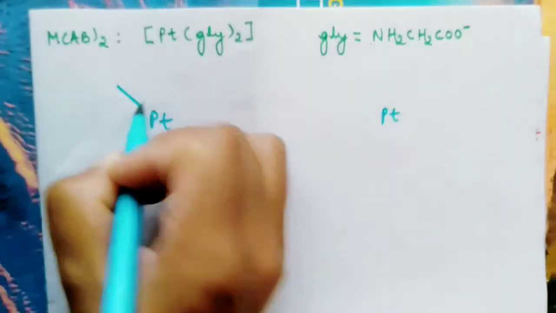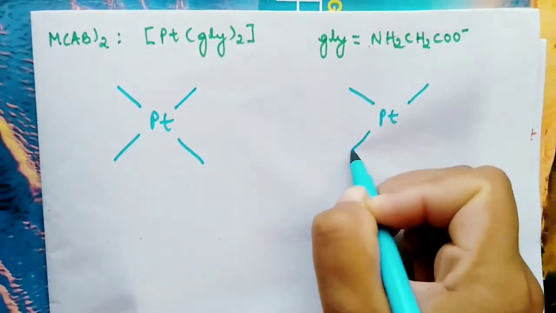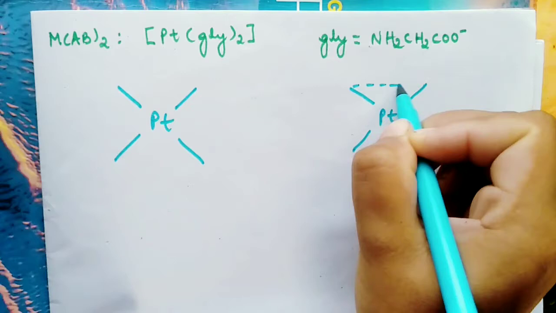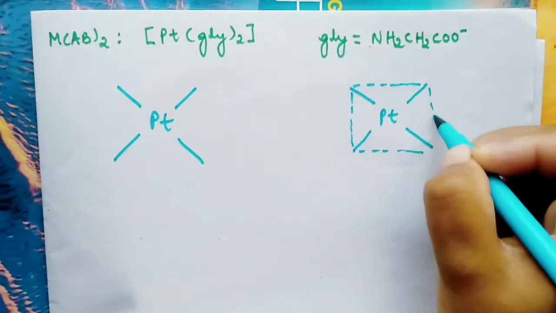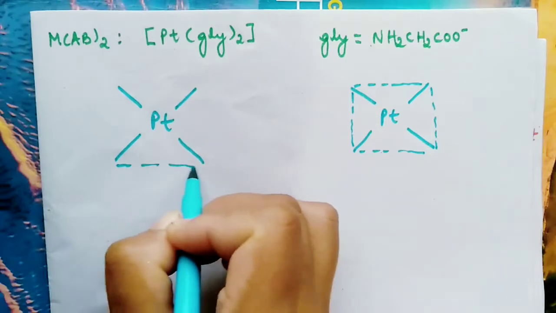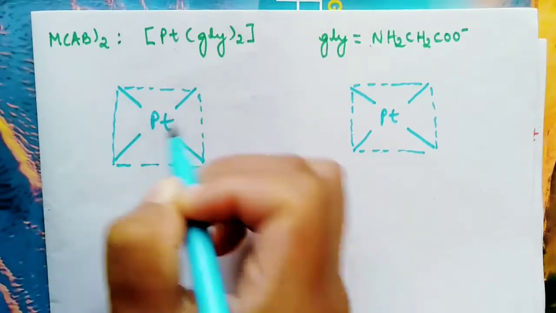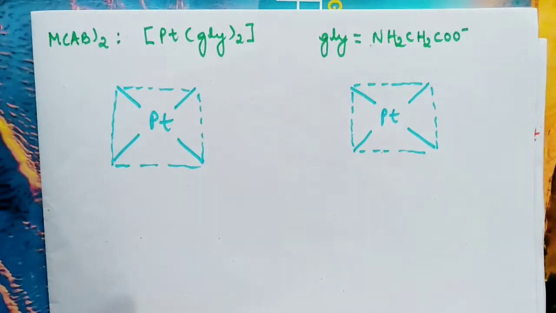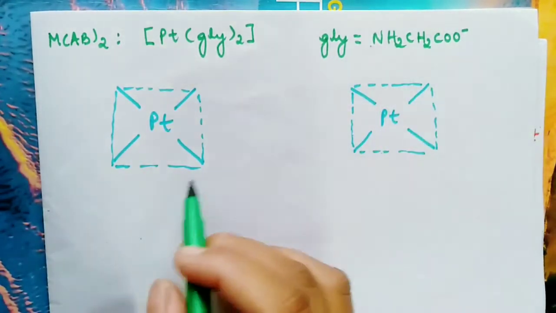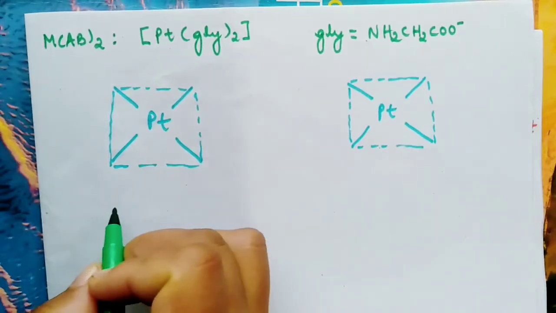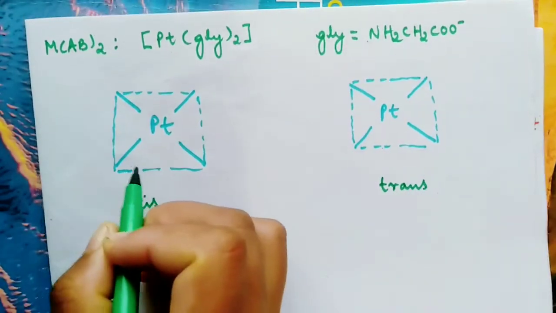So we have 4 coordinate bonds. So we have the glycinato, this group. So for the cis and the trans.